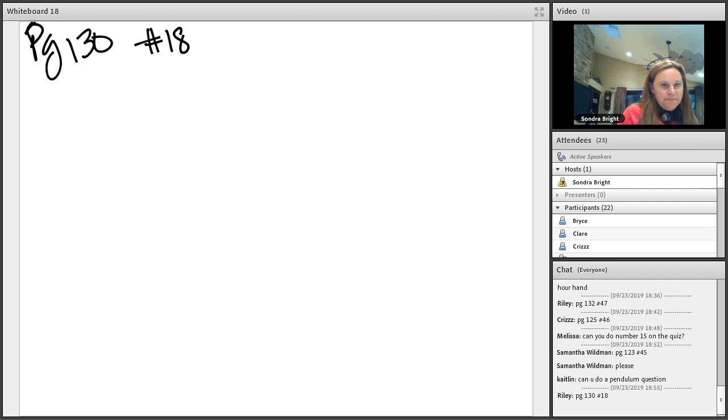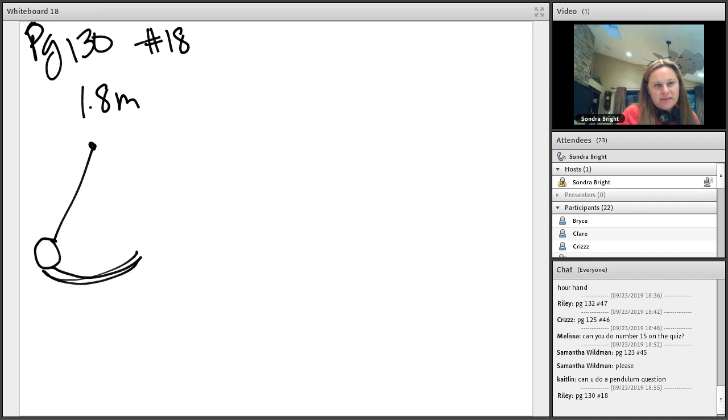All right. A pendulum of length 1.8 meters. So a pendulum goes, you know, here's like a pendulum, right? And then it swings back and forth like this. And so if its length is 1.8 meters, that's its radius. And so it travels through an angle of theta degrees, and its tip travels 2.6 meters.